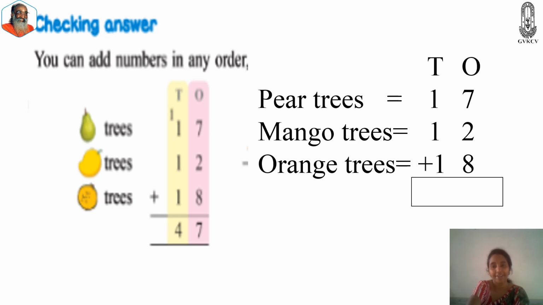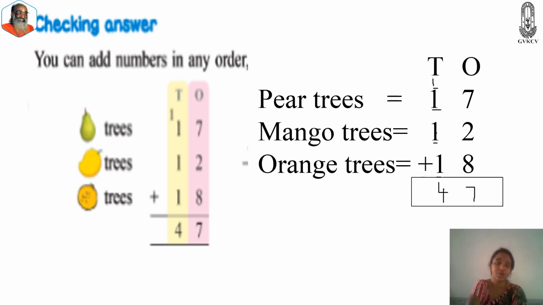So I am writing 7 over here, and the grouping of ones goes to tens, which I am writing on top of tens. Now add the tens digits. 1, 1 plus 1 is 2, 2 plus 1 is 3, and 3 plus 1 is 4.